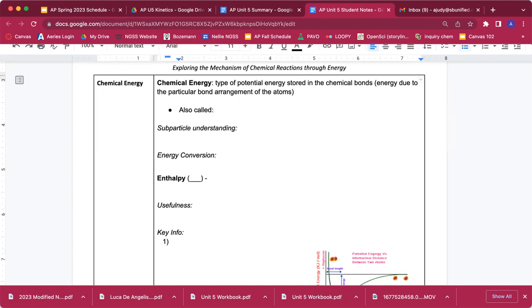We also call the chemical energy stored in bonds bond energy.